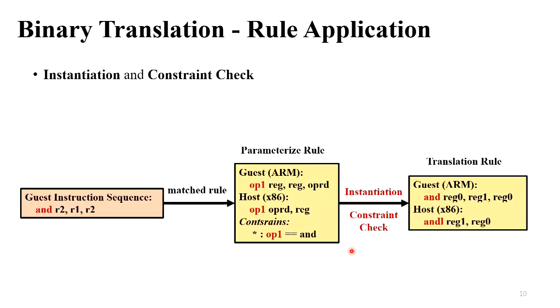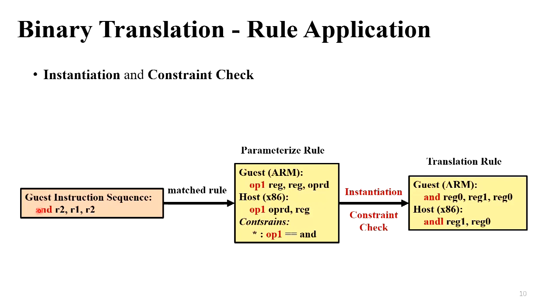In the binary translation process at runtime, those parameterized rules will be used to translate the guest code to the host code. When a guest binary sequence matches a parameterized rule, this rule will be instantiated first. The instantiation means to restore the parameterized symbolic representation, such as OP1 and OPRD, back to their original values.